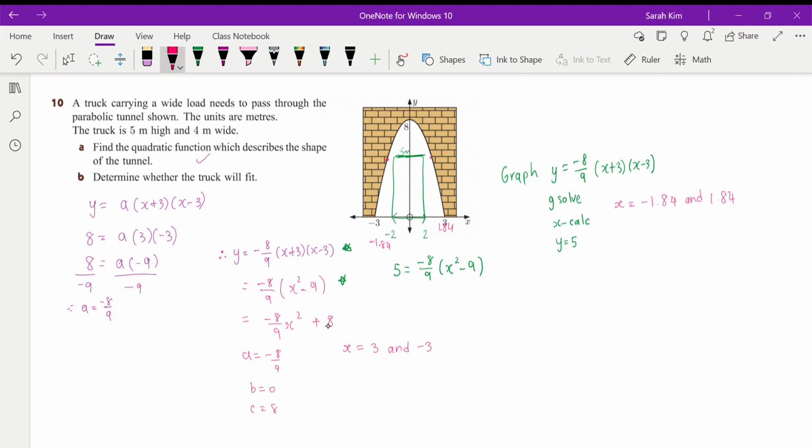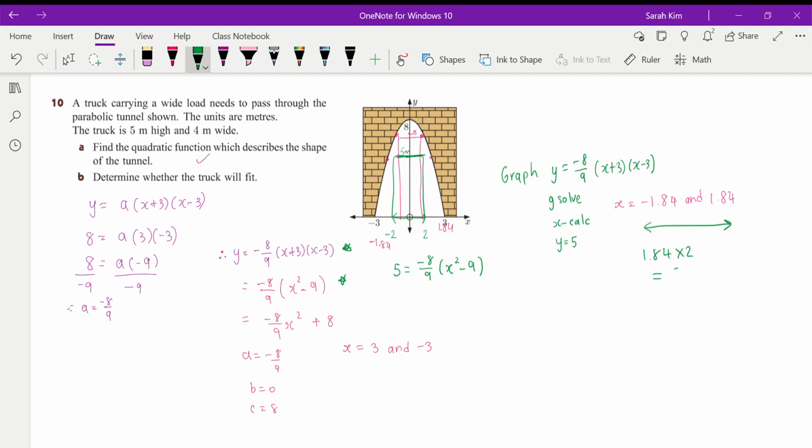Okay, so it would actually be like over here. Meaning that at 5, it's going to be too tall, because at 5 we need to make sure that a 4-meter wide truck would fit, but in between these only 1.84 times 2 would fit, whatever that is.